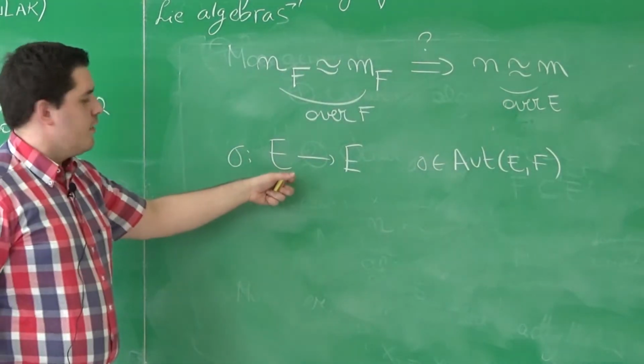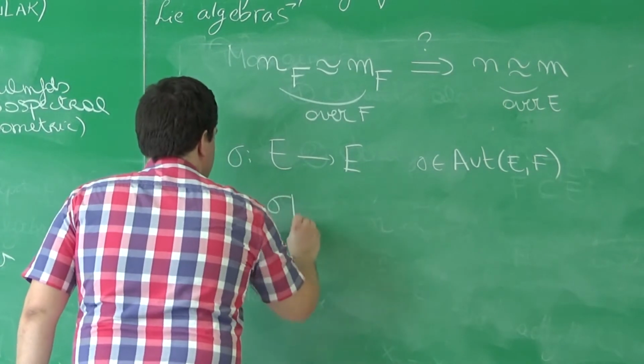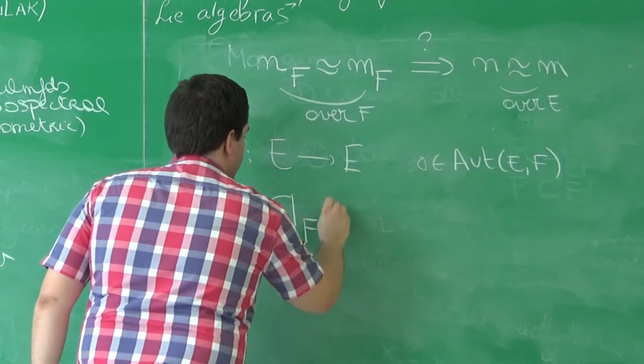It's just an automorphism of the field which fixes F. So sigma restricted to F is the identity.